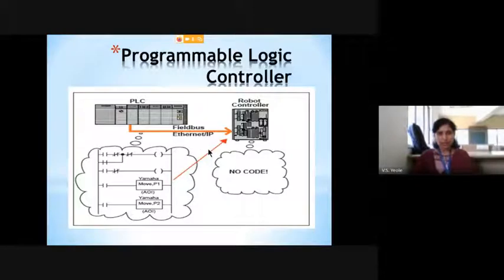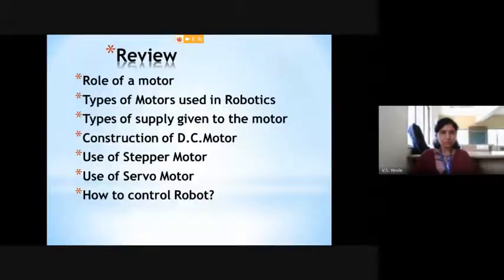We can feed the program to the programmable logic controller, and the robotic movement will be controlled by using the PLC. Yesterday, madam explained the embedded system for controlling the robot. That particular system also consists of PLC or microcontroller. So we'll see the review. First, I explained the role of motor.